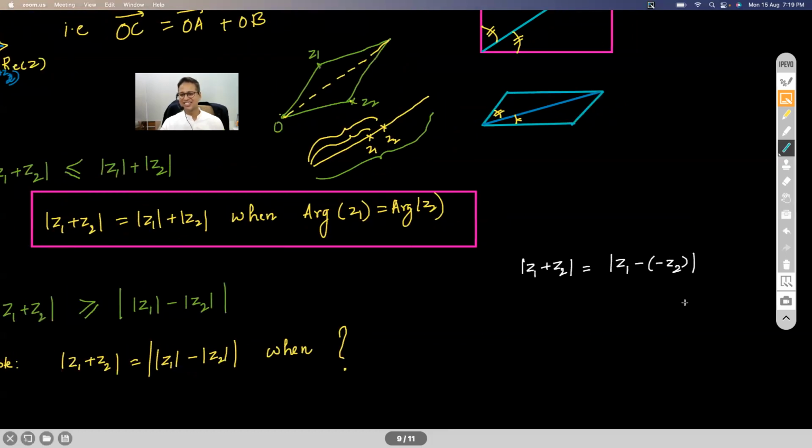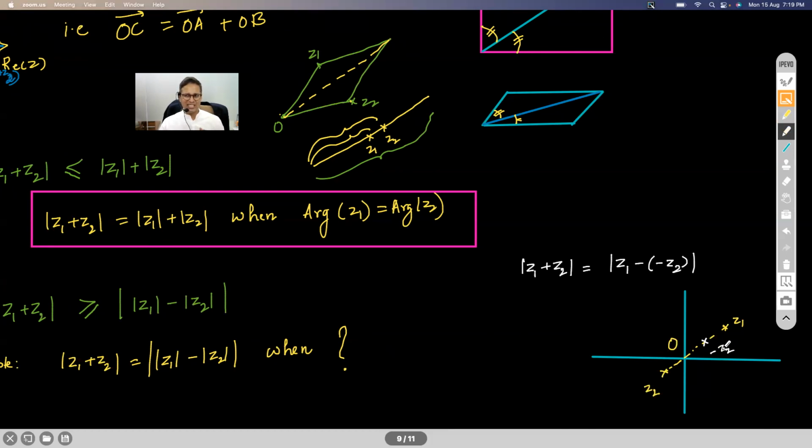No, not that easy. Let's say z1 is here. I'm just taking a simple example. z1 is here. z2 is exactly diagonally opposite, on the other side of the origin. Here, z2. So if this is z2, where will minus z2 be? You'll say, sir, minus z2 will be here. Yes or no?